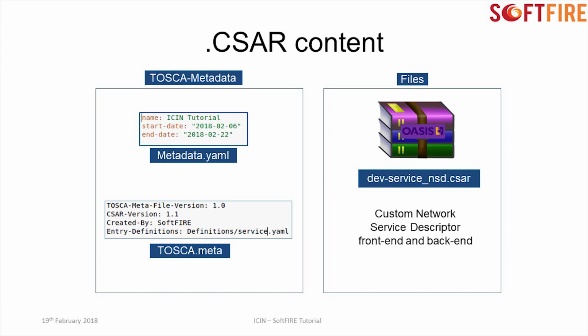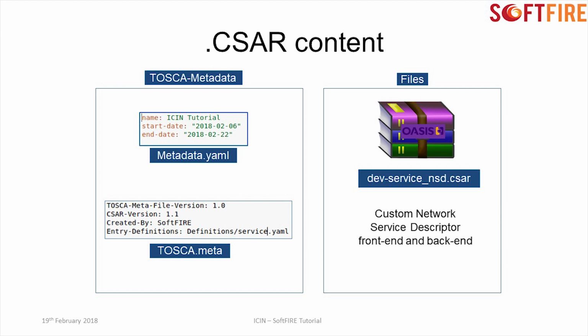There we can see the content of the TOSCA-Metadata folder that contains 2 files: a metadata.yaml that contains the name of the experiment and the date range of the experiment. Using this date, the SoftFIRE middleware will know when the experiment expires.